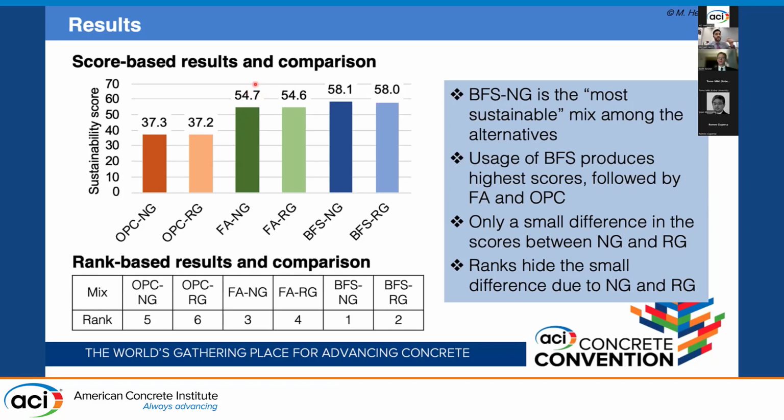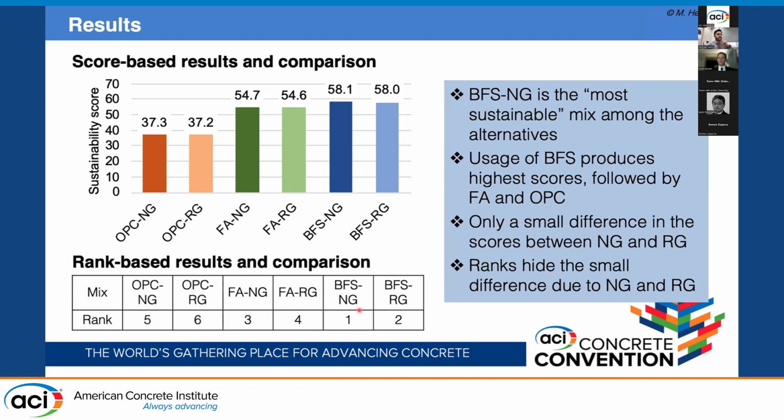Probably this is due to a trade-off: high-grade recycled aggregates increase emissions because they require a higher energy input to produce. So their benefit in terms of reducing resource consumption is offset by the negative effect of the increased emissions. That's how we can see that playing out in this sustainability evaluation.